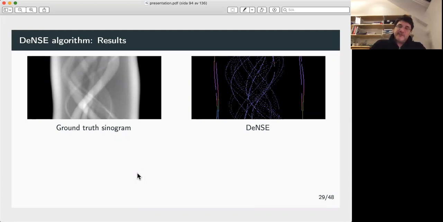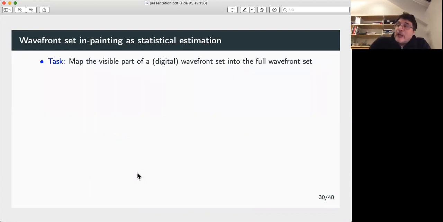So I was mentioning a couple of slides ago a situation where you have visible and invisible parts of the wavefront set. In that context, you need to talk about an inverse problem. So there's an operator in between, typically the forward operator.